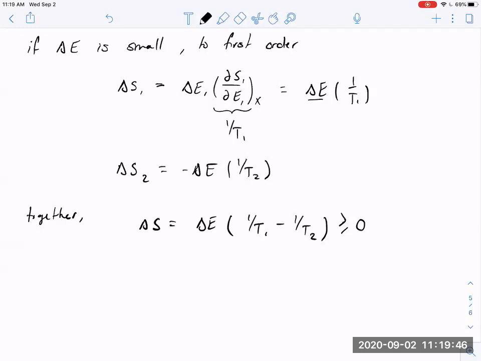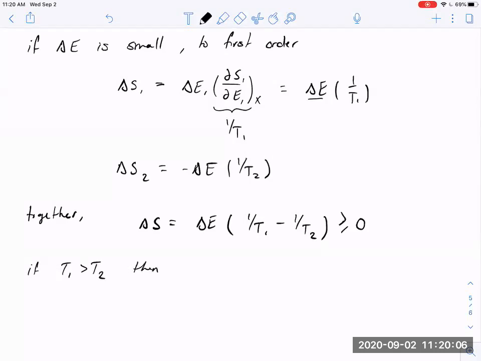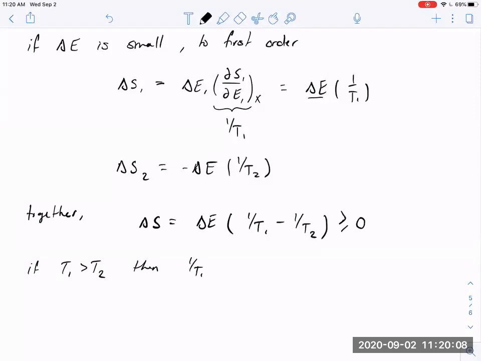So we now have a statement for what the sign of the energy is, dependent on what the difference in the temperatures were. If, for example, T1 were greater than T2, that would mean that 1 by T1 was less than 1 by T2.